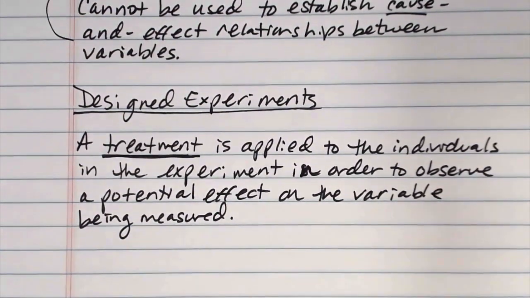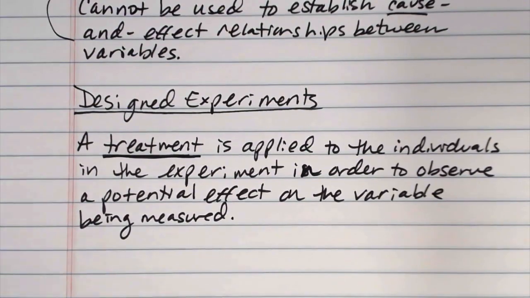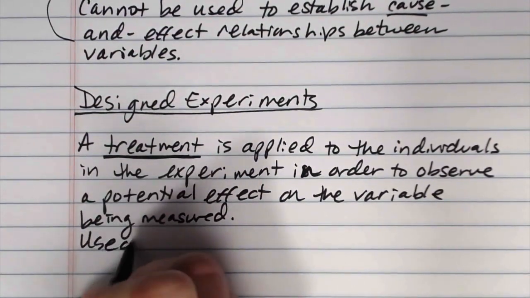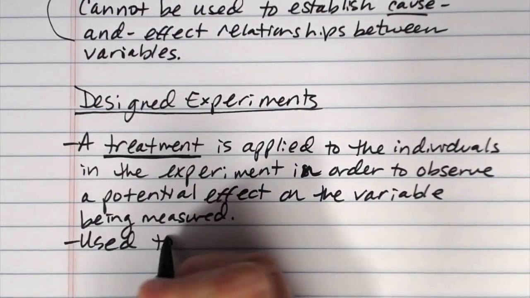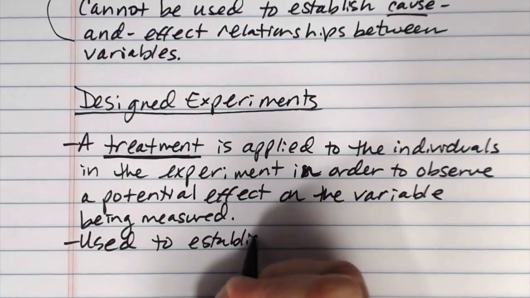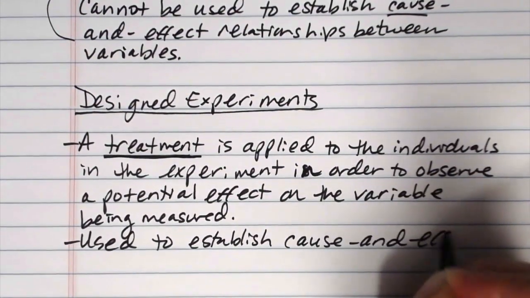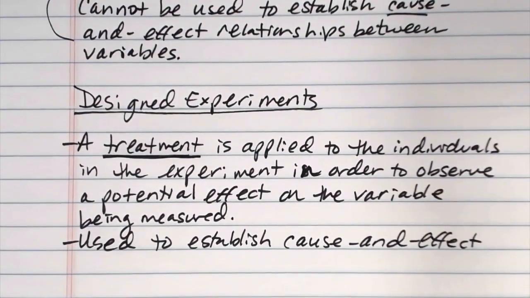Okay. Designed experiments are how we establish cause and effect relationships. So they are used to establish cause and effect. And we can do that because the researchers have control over the variables in the experiment.